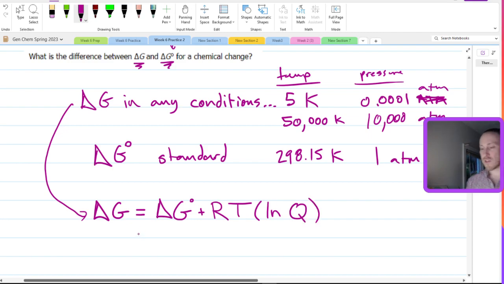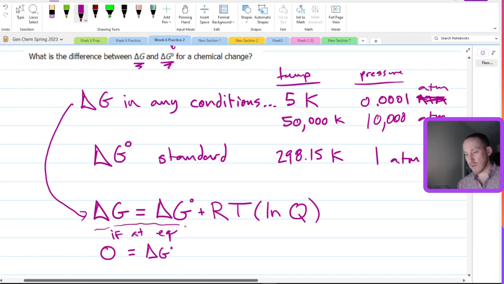And for this worksheet, if you're at equilibrium, then your delta G is 0, as we just talked about. If you're at equilibrium, then your Q is K, as we mentioned earlier. That's the definition of K.